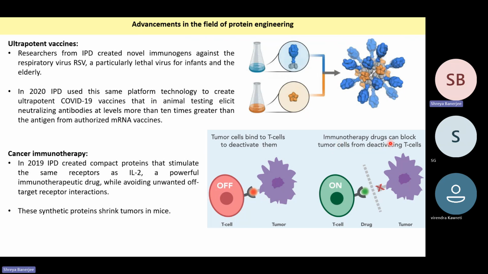This immunotherapy drug is blocking the tumor cells and preventing the deactivation of the T cells, so that the patient does not become immunocompromised. So now this protein was designed by protein engineering to be similarly effective as IL-2, which was already a good drug, but additionally it was made very specific.